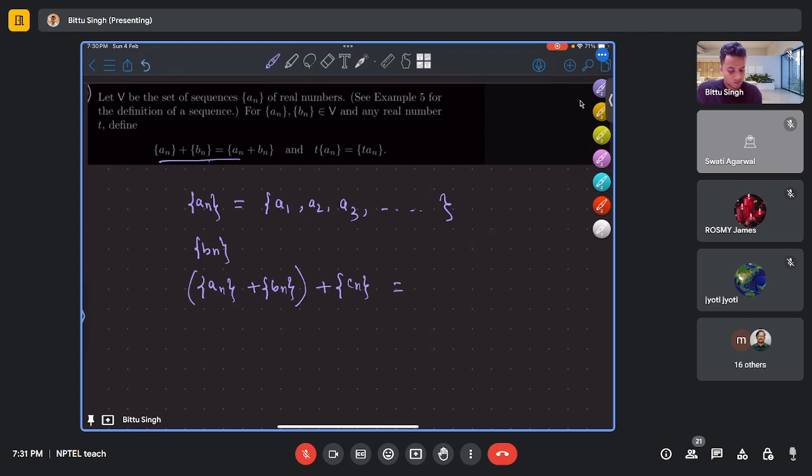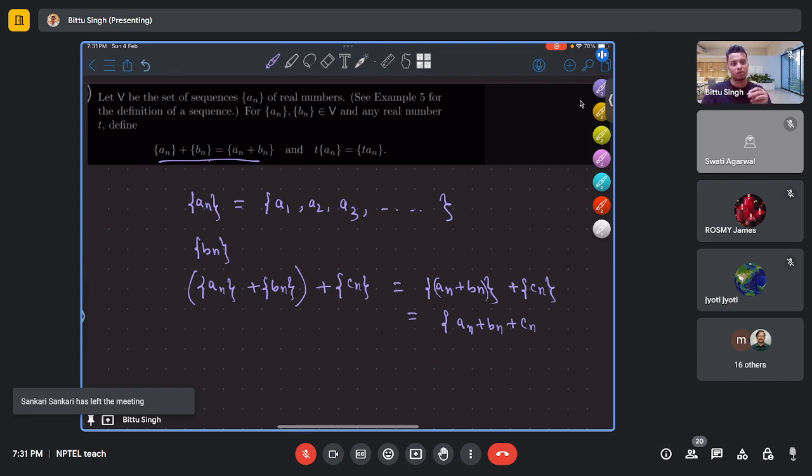By definition, it will be the same as an plus bn, then add cn, and again by definition this will be the same as an, bn and cn, but adding three real numbers. This addition is associative, so we can write in this way. And now you can separate n.